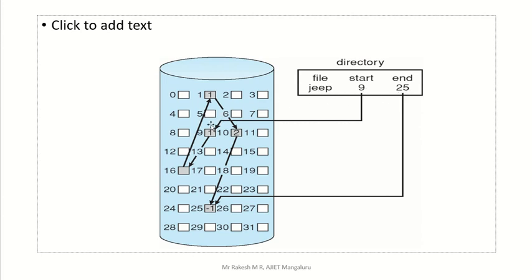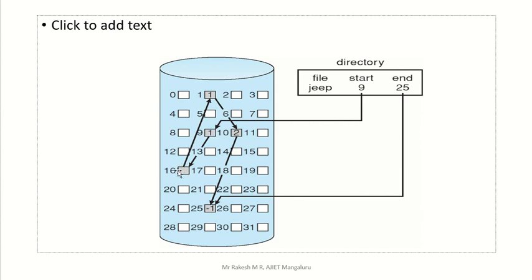So, start from 9. Where is 9? 9 is here. We don't know what the file size is. So your zip file will be divided into small blocks, and one block is stored here. Another block is stored here, this one. Which one? 16.